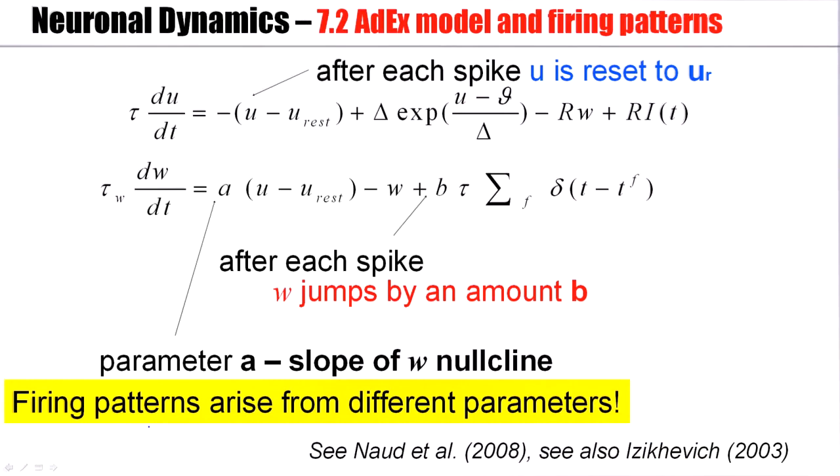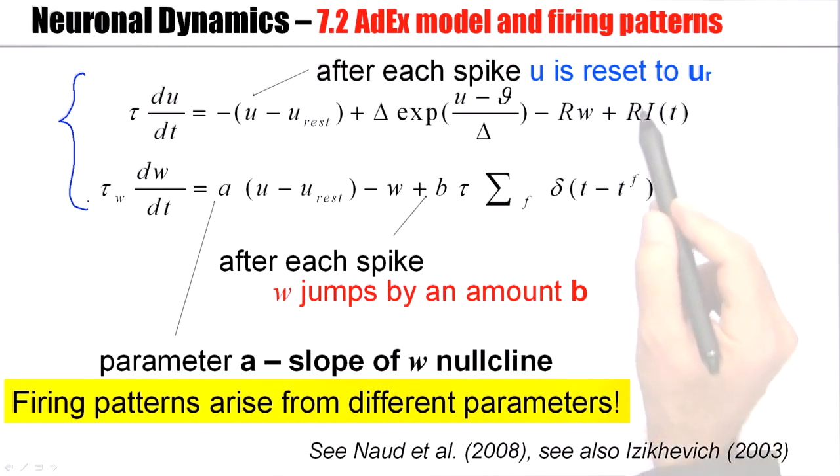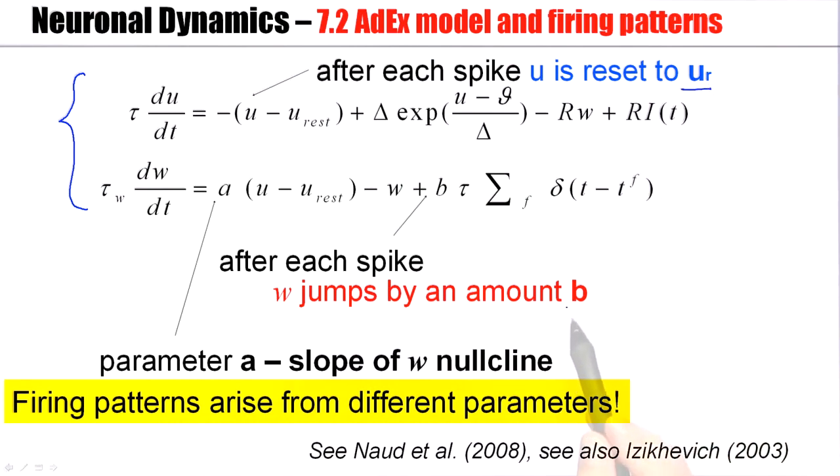So we have discussed 3 examples. All 3 examples use the same neuron model. A neuron model is containing 2 equations, a voltage equation and a second equation for the adaptation variable with reset conditions. U is reset to UR, W jumps by an amount B. And this same neuron model can account for different firing patterns just by choosing the parameters A, B, and UR in the appropriate range.